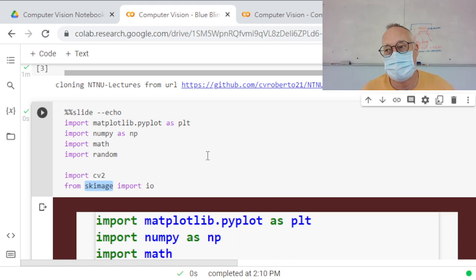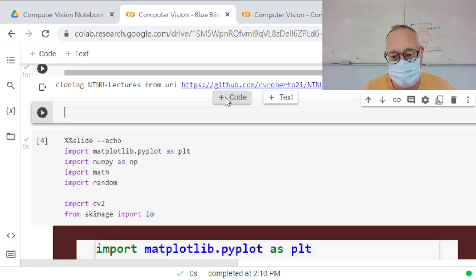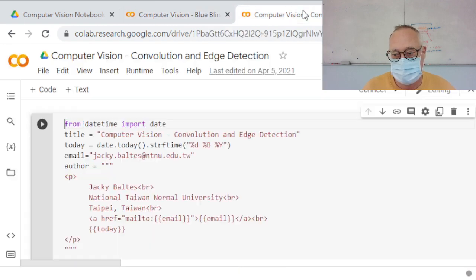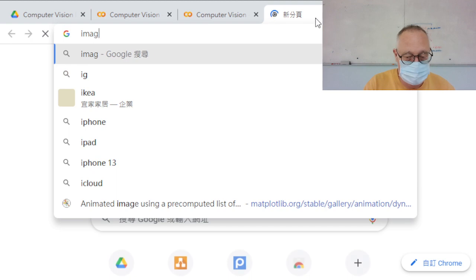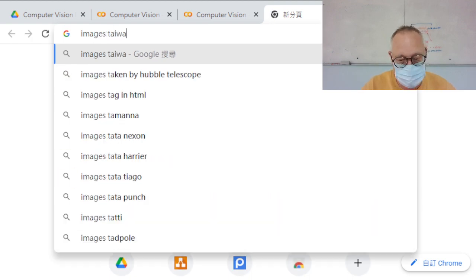That's a functionality that's not provided by OpenCV. I guess I could get rid of that one. Let me just try that. And let's take a nice picture from Taiwan.